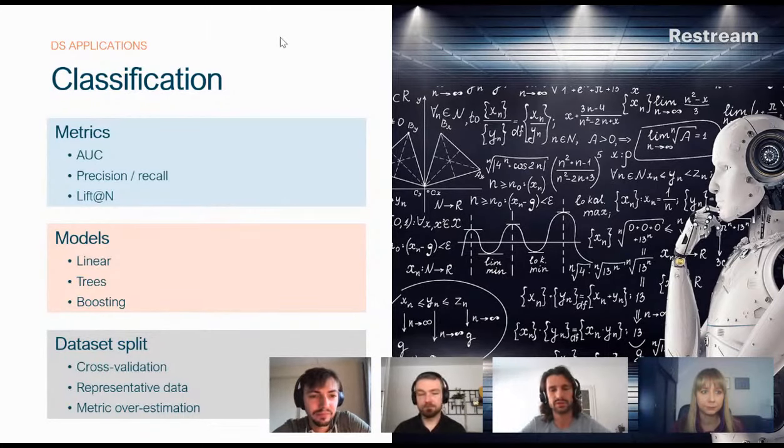Then you build a model which ranks the customers, and you see how good your model is at ranking the top 1,000 or top N customers. So this metric shows you how good your model is only on the top N customers, not on the whole dataset or population, but on the top N. So it might be useful when you don't care about the whole population, when you just want to pick the top N candidates.